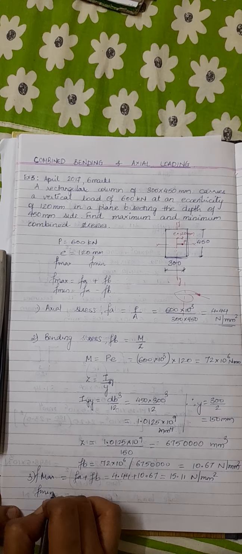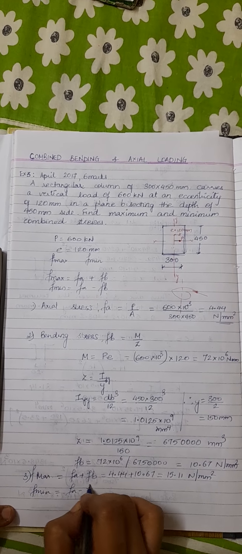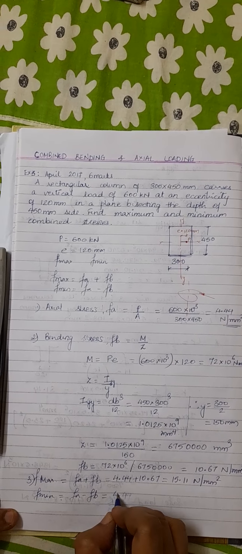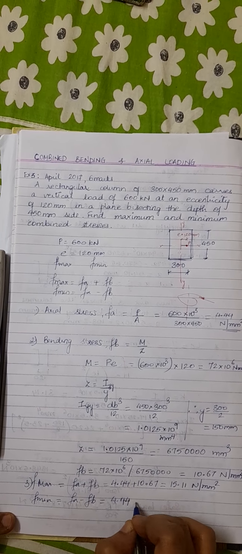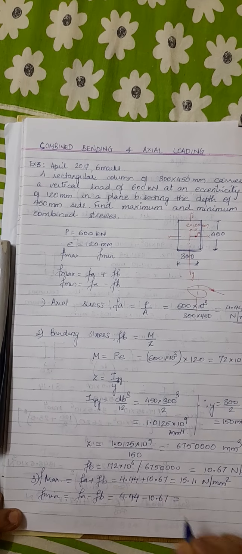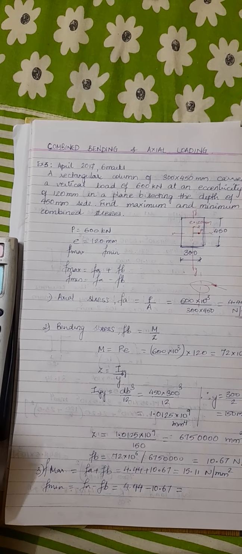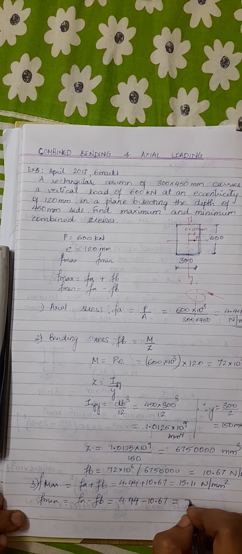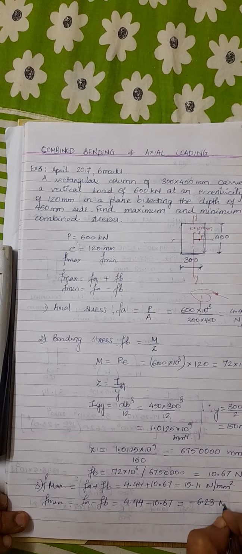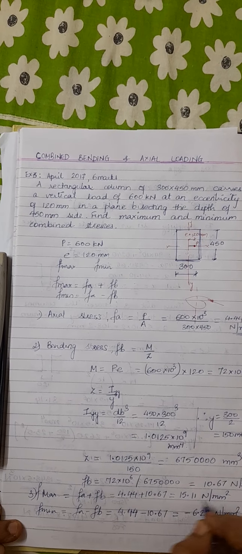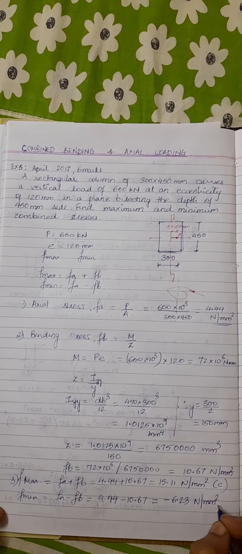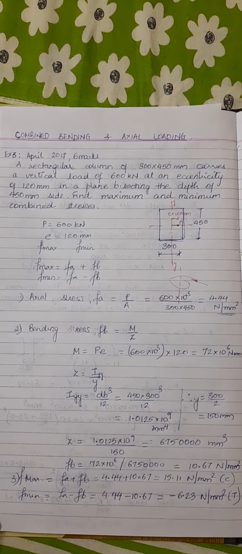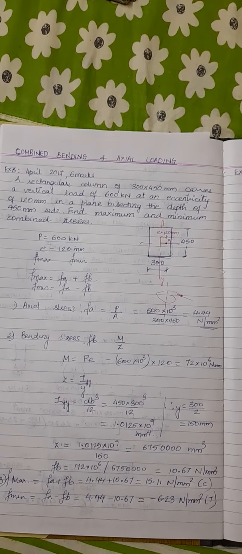And F minimum is FA minus FB, which is 4.44 minus 10.67. This is minus 6.23 Newton per millimeter square. Since this is plus, this is compression, this is minus, so this comes in tension. That means the load is lying outside the core of the section.